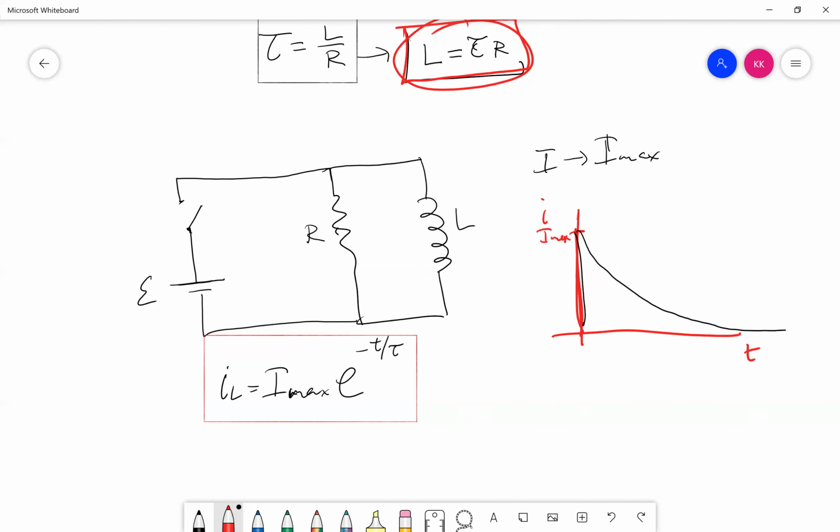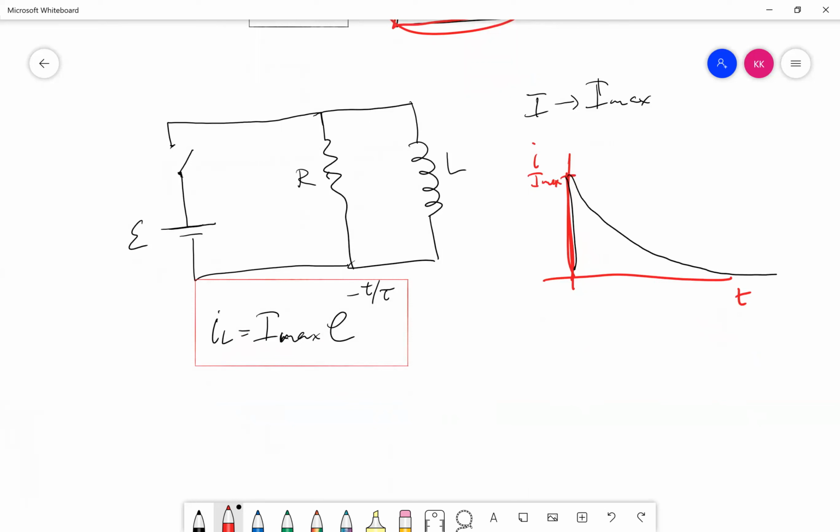Okay. Again, we're going to take data and try to analyze this. What we do here, again in a similar way, is take the ln of both sides. First, actually divide both sides by I max. So it's going to be ln of IL over I max equals ln of e to the negative t over tau.